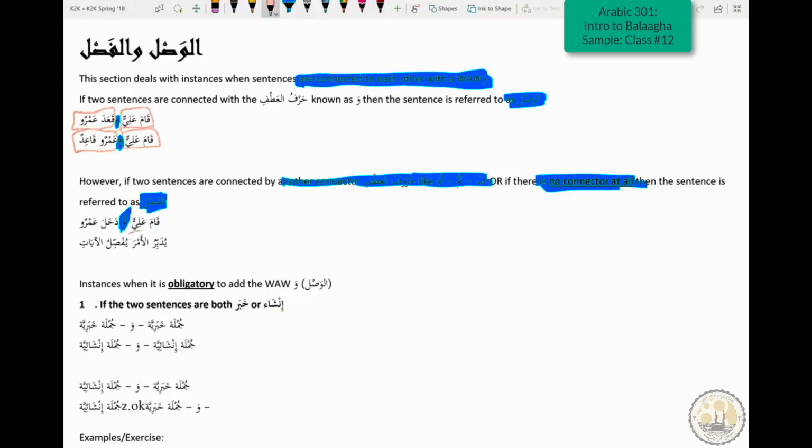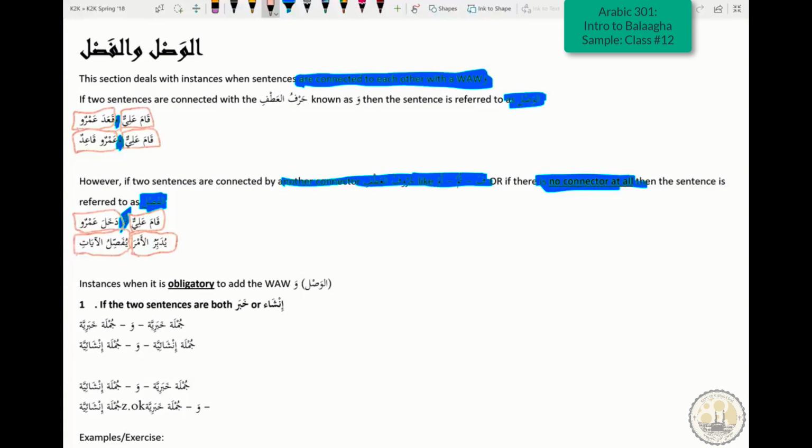Well, let's take a look at the thumma example first. قام علي is one sentence. دخل عمرو is another independent sentence. Between them is the harf atf thumma. Therefore, the sentence is called al-fasl. Likewise here, يدبر الأمر is one complete sentence, and يفصل الآيات is another complete sentence.